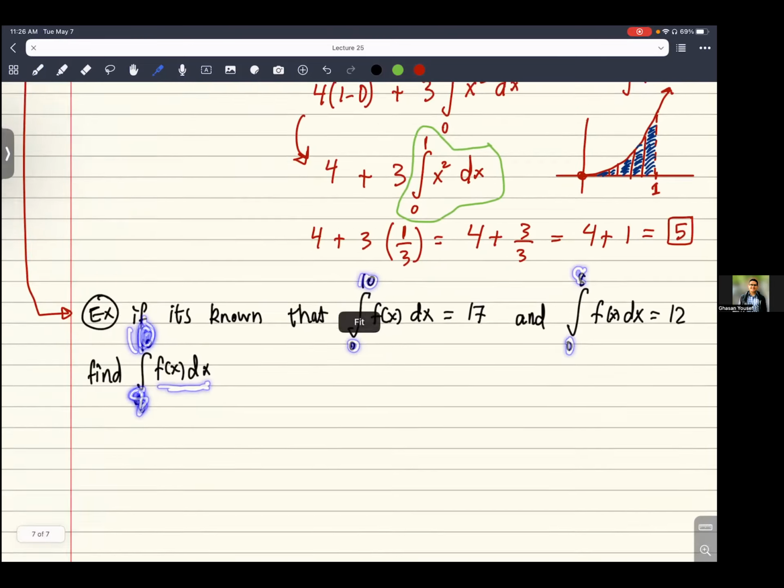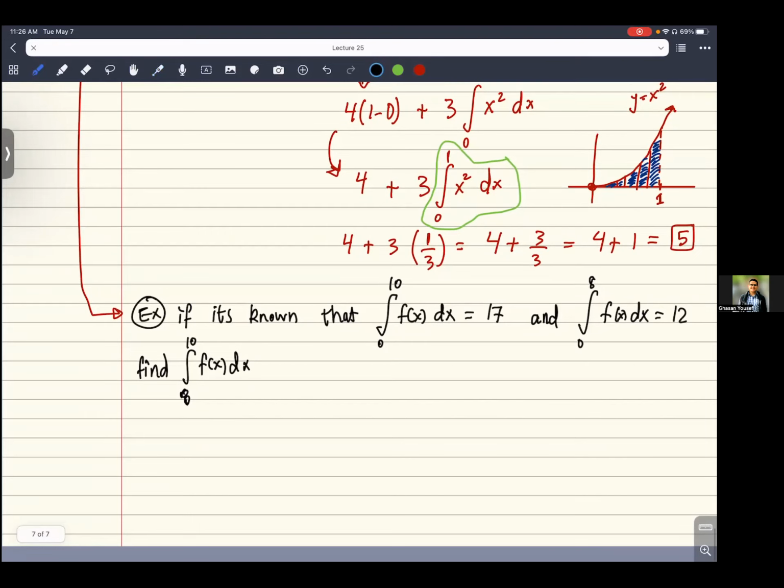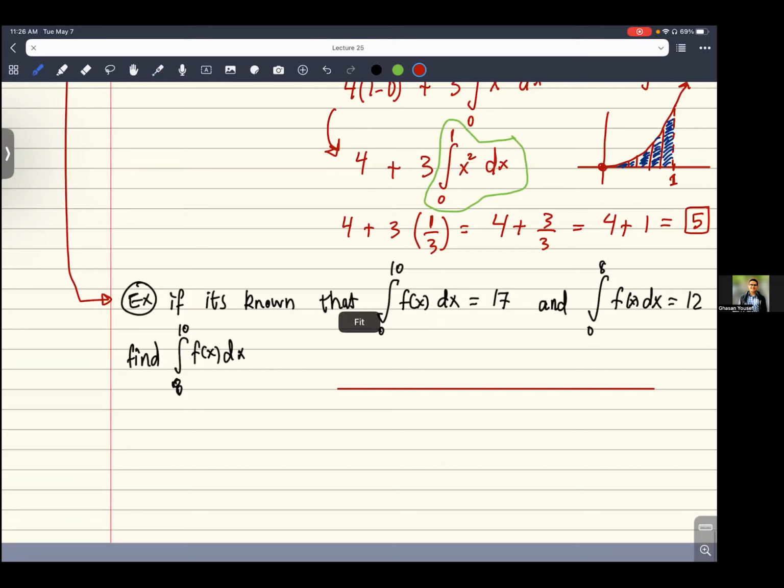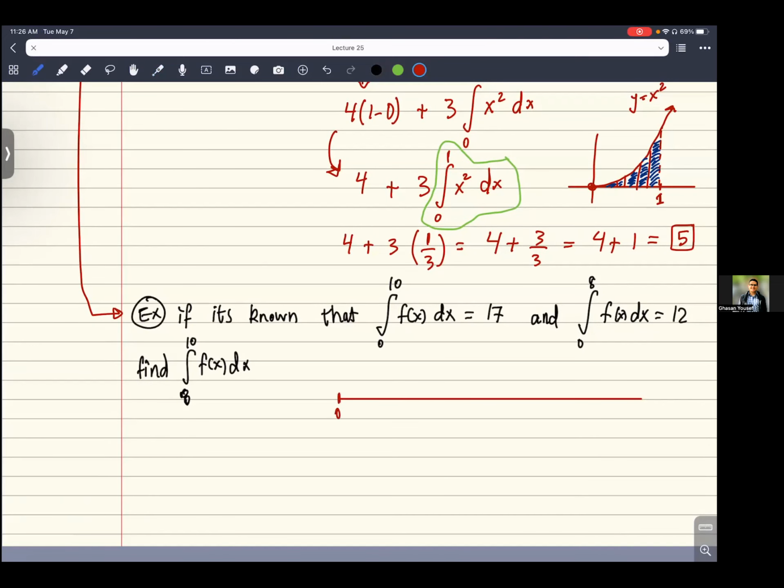Or if you want to write it down, make a line like this. The line is starting from 0. I have the point 0, I have the point 8, and I have the point 10. So from 0 to 10 is the integral from 0 to 10 of f of x dx, which equals 17.